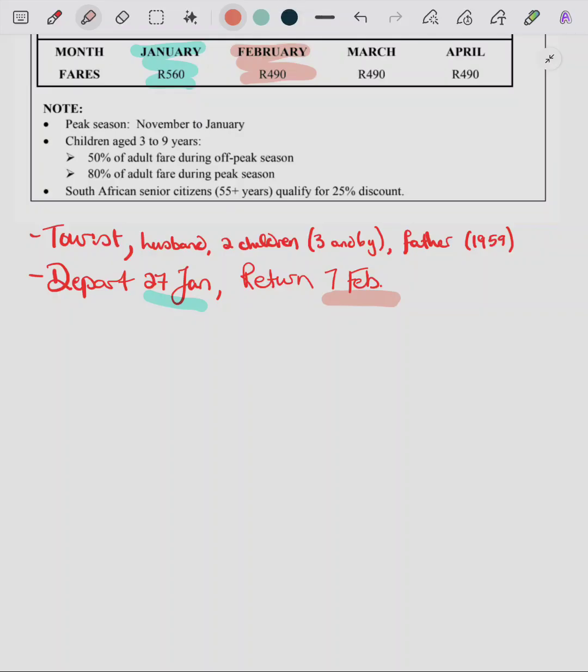That actually means we're going to have to calculate them as if they were 2 separate trips as opposed to 1 return trip, unless there is anything in the terms and conditions about return trips being booked. In this case, there actually isn't anything there, so we're going to have to do them separately.